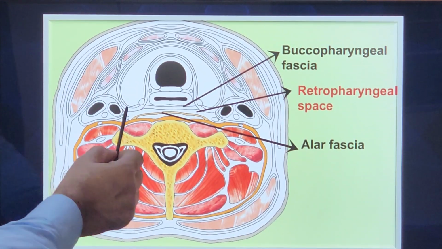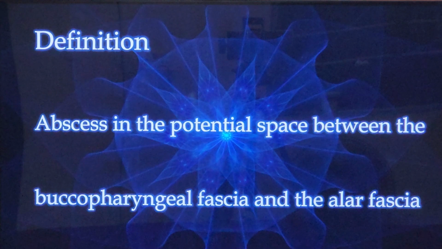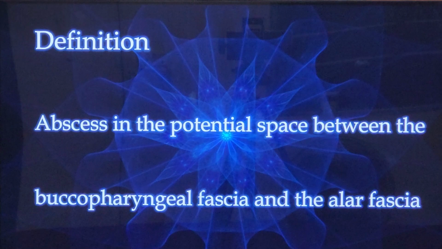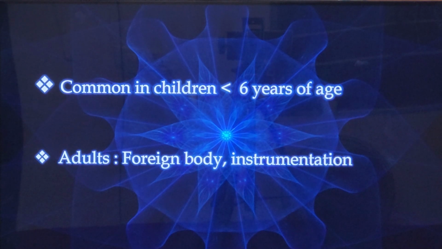Now, this area has connections with other neck spaces also. Acute retropharyngeal abscess means an abscess in the potential space between the buccopharyngeal fascia and the prevertebral fascia, or in the true sense between the alar fascia. It's common in children, usually less than 6 years.